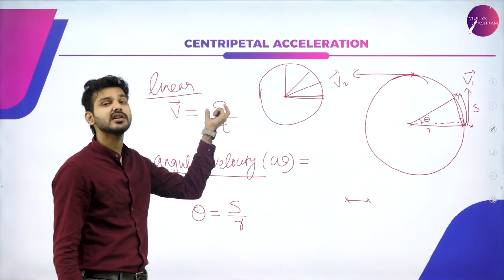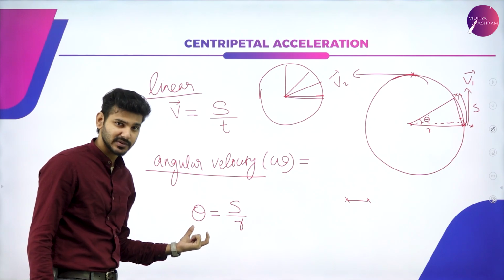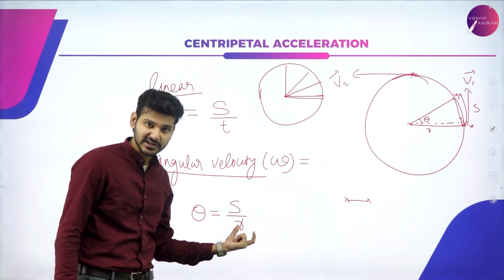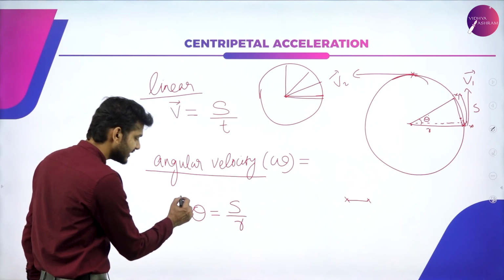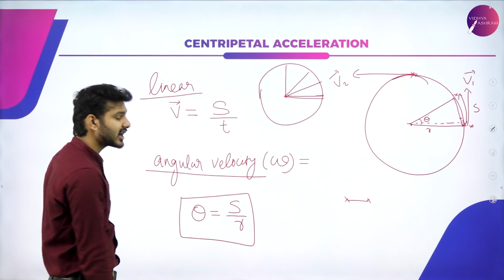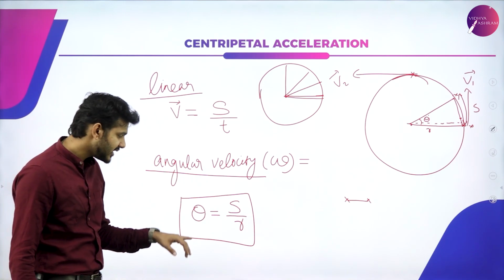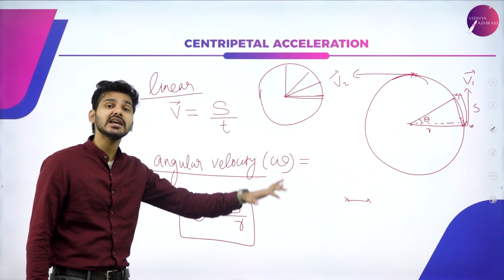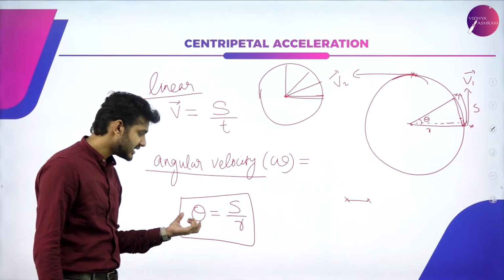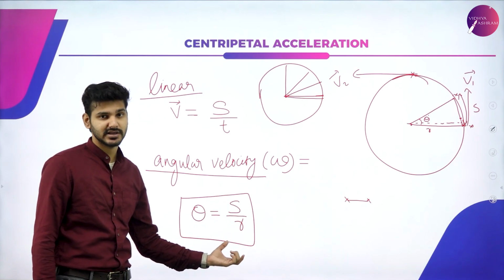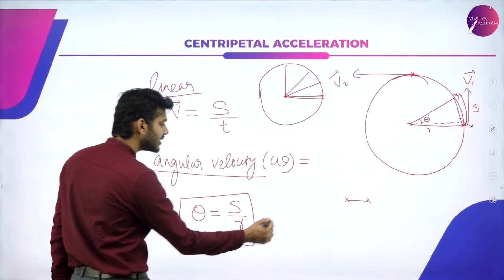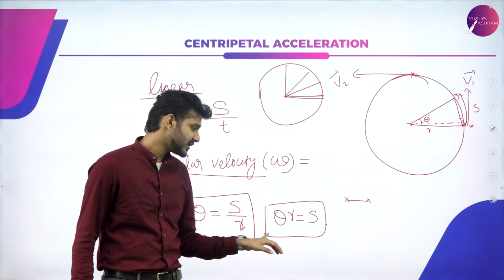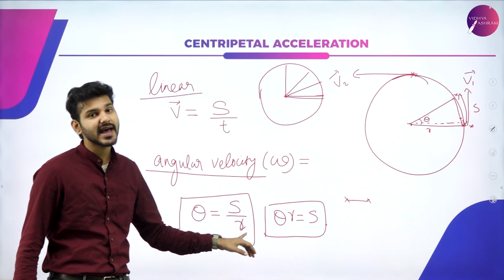Just like we have linear displacement, we also have angular displacement. The relation between angular displacement and linear displacement is such that theta is equal to arc length divided by radius, or simply theta is equal to displacement by radius, or theta r is equal to S. Angular displacement and linear displacement are related as such.